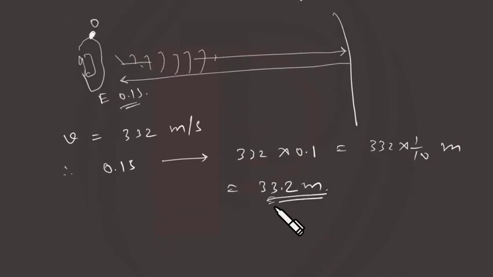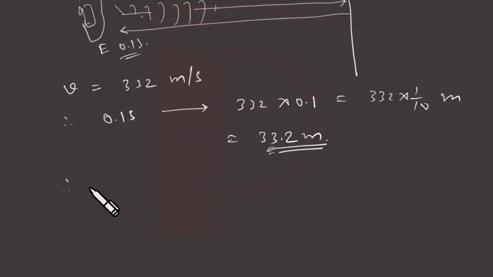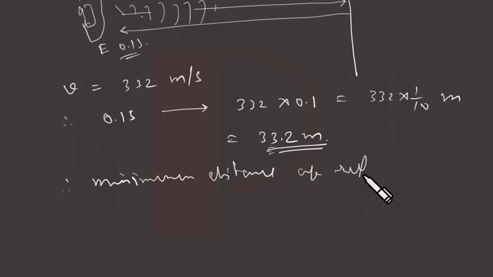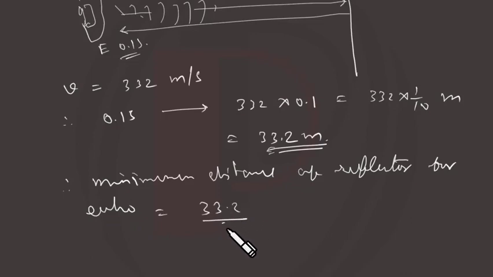Half of this. Therefore the minimum distance of the reflector to produce echo is 33.2 by 2 meters, half of that, which equals 16.6 meters, which approximately we can say 17 meters.